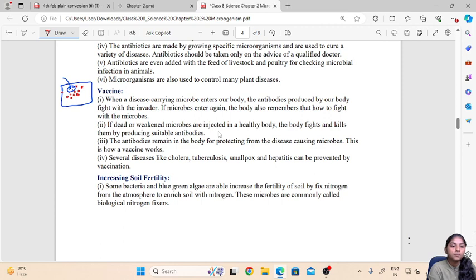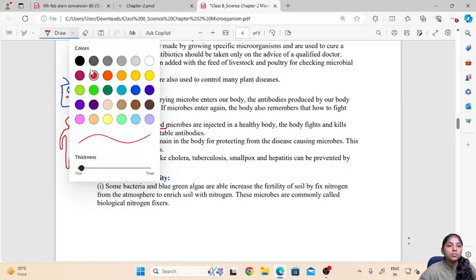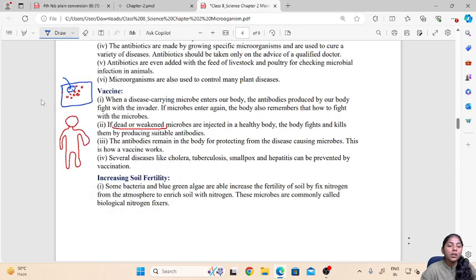So now if a healthy human body is there, and dead or weakened microbes are introduced or injected in it, our body will produce antibodies and these will fight against the disease causing microbes and kill them.